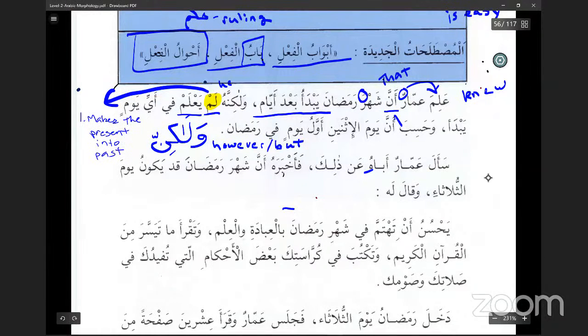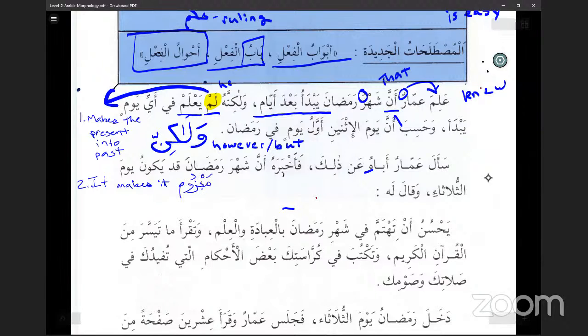Lam only comes with a present tense verb, like you see here, lam ya'lam, but it changes the meaning from present into past. So when lam comes, the verb after it changes the meaning from present into past. That's rule number one that I want you to know. Rule number two is it makes it what we call majzoom.